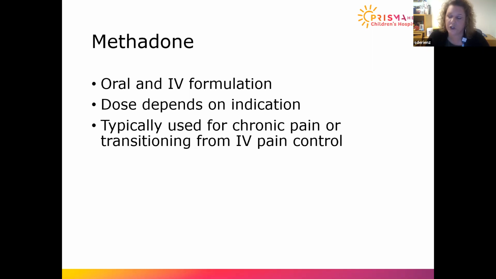We would occasionally use this in our sickle cell patients for chronic pain management. In general, it is available oral and IV, as you've seen, as those transition patients from the PICU. The dose definitely depends on the indication of what you're using it for, but I just wanted to mention it for completeness.